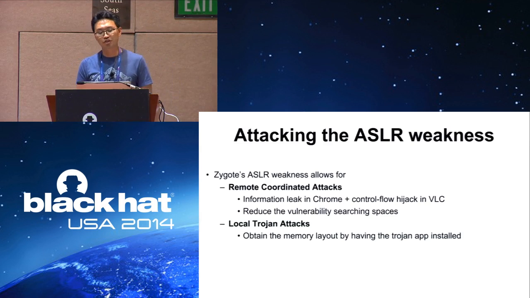So yes, we can reduce the vulnerability searching space in this case. We can also do local Trojan attacks. If the user simply installs some simple application, this application can always void the ASLR because it can run native code, and that native code can discover the whole memory layout and then send it over.